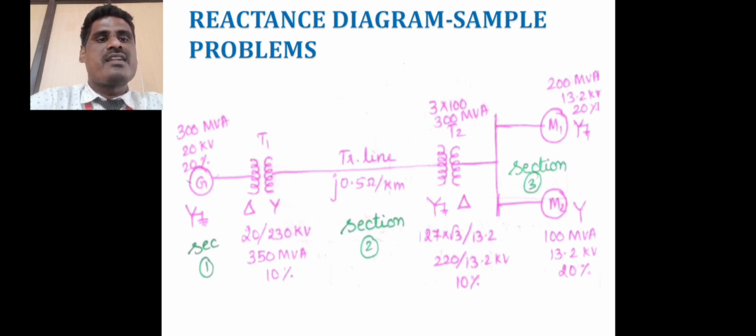The transmission line length is 64 kilometers, and motor 1 and motor 2 are connected at the end of the power system network. Motor 1 is 200 MVA, 13.2 kV, 20% reactance, and motor 2 is 100 MVA, 13.2 kV, 20% reactance.